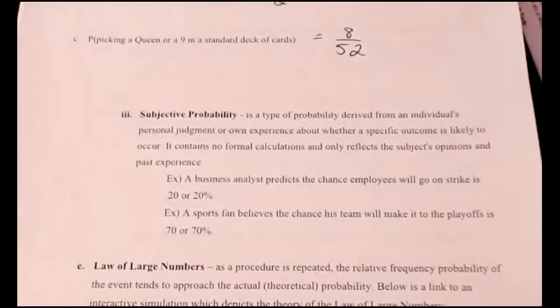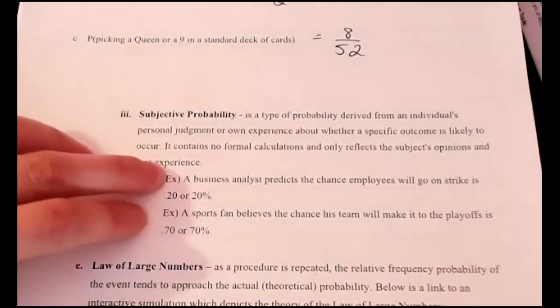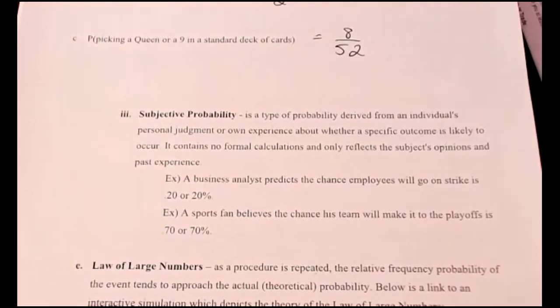I like that because it's so true for all of us. There's always that person. And sometimes we are that person. So I gave you 2 examples here. A business analyst predicts the chance employees will go on strike is 20%, right? This kind of stuff happens all the time, where you have someone looking at the data, at morale, at the way in which people are calling off of work, and things like that.